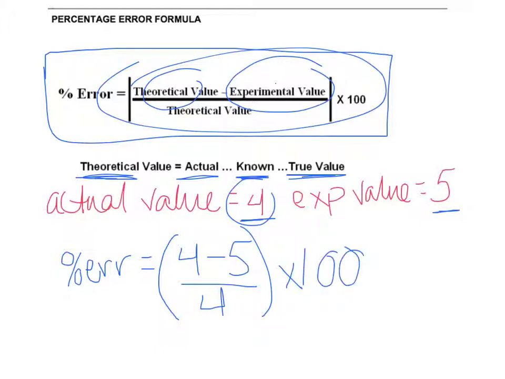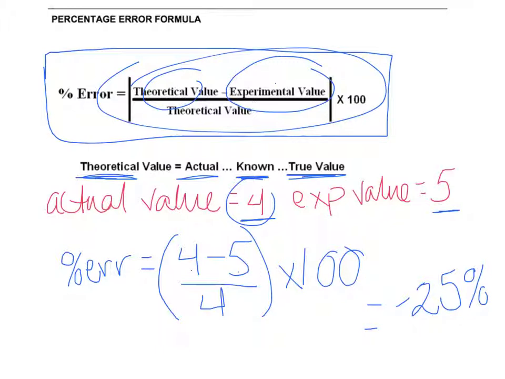So you would just plug into the calculator 4 minus 5, which will give you -1. You do -1 divided by 4, and then times that by 100. And that should give you, if you put it in your calculator, -25.